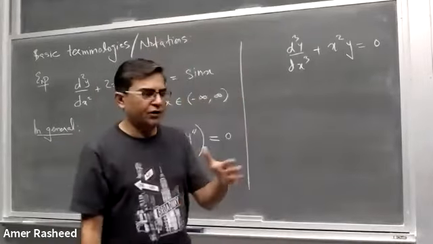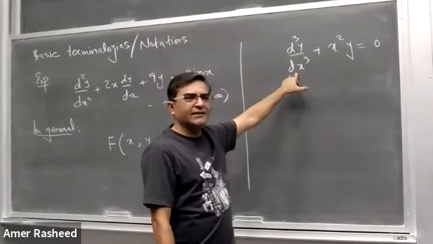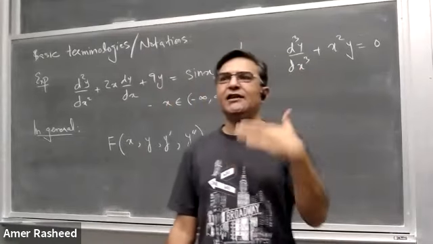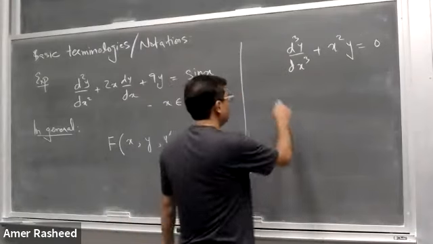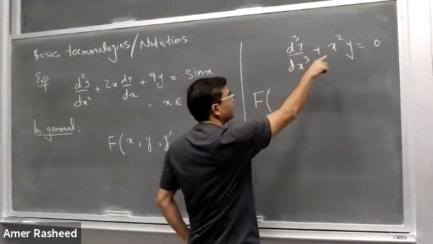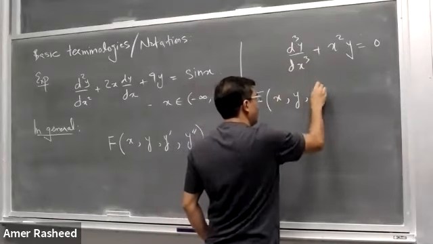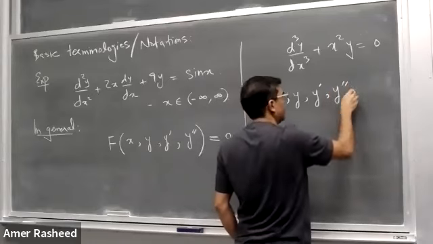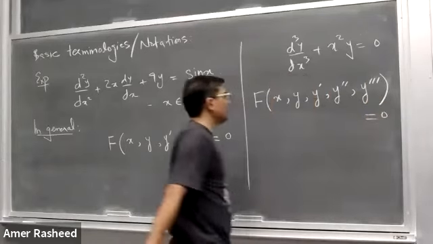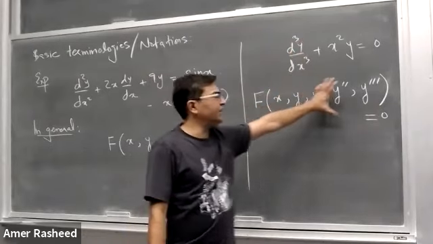In order to reach y triple dash, first you must have y dash, then y double dash, and then y triple dash. So in general, what do we write here? This is a function of x, the independent variable, y, y dash, y double dash, and then y triple dash. We put it equal to 0.